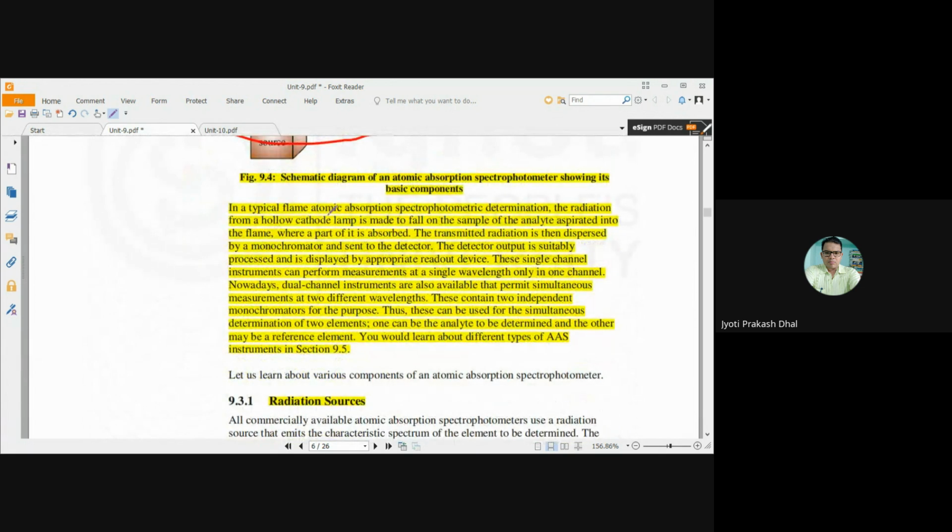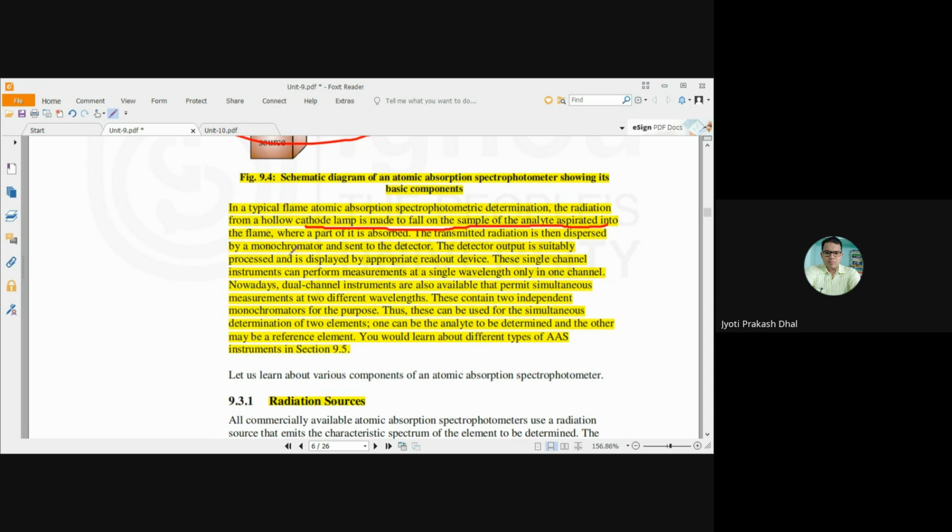In a typical flame atomic absorption spectrometry method, the radiation from a hollow cathode lamp is made to fall on the analyte aspirated in the flame. Initially the analyte is aspirated in the flame and converted into isolated gaseous atoms.